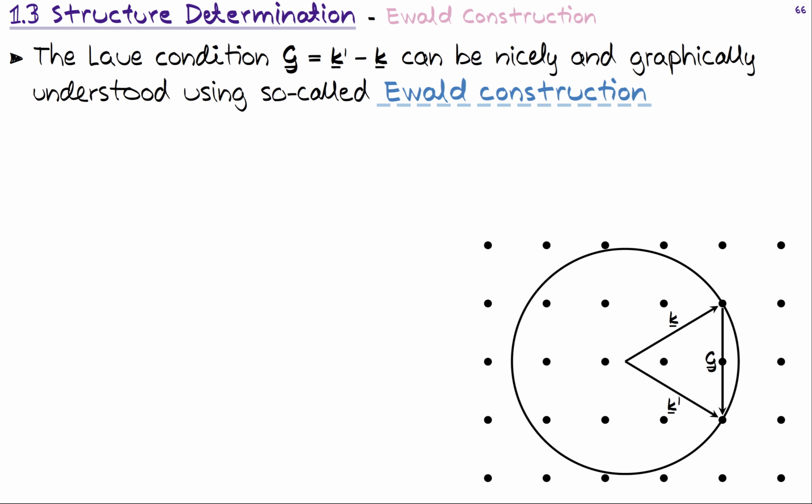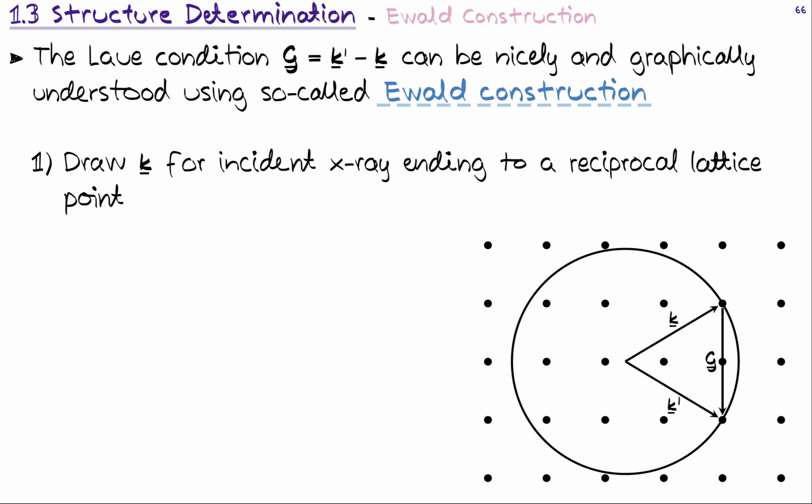So first, we draw the k, the incident vector, the incident plane wave's direction, and we just end this k in one of the reciprocal lattice points. This is the first stage.